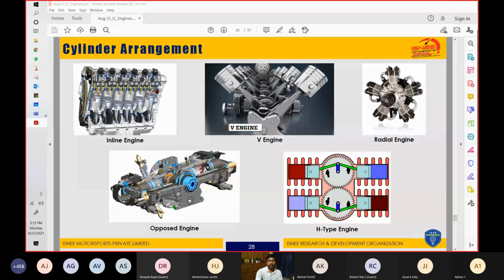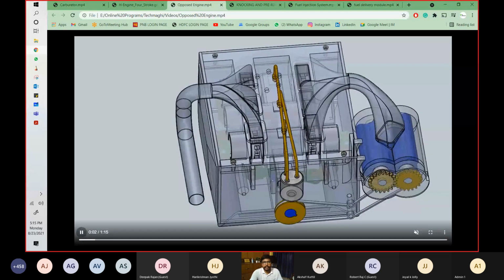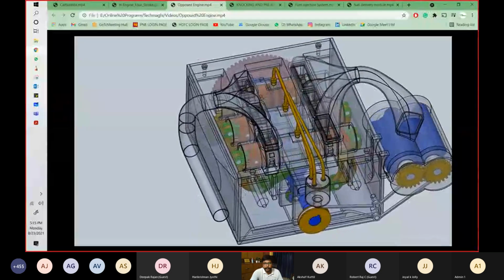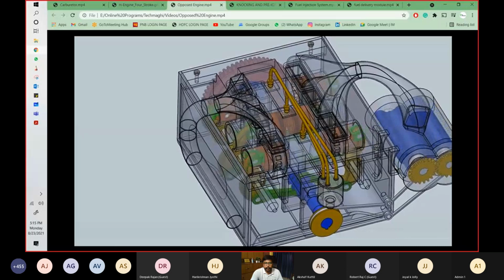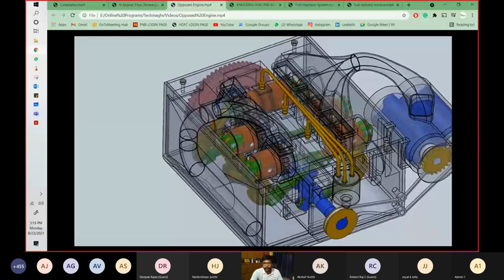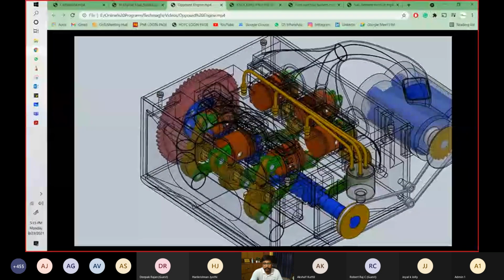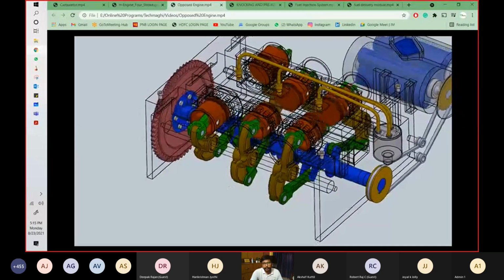Now, again, we have the opposed engine. In this type of engine, the pistons oppose each other, and this arrangement is designed in such a way that the opposing pistons are connected to the crankshaft, and that crankshaft is being rotated by this movement of the pistons.